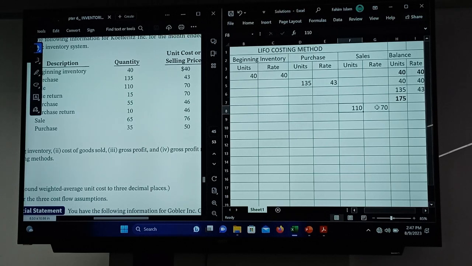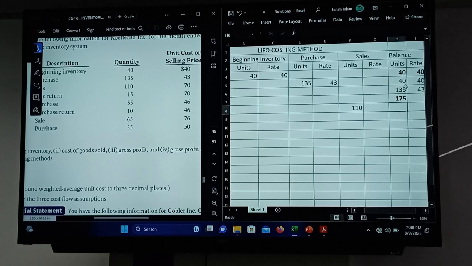We will omit this 70 because that is our selling price, and we should not include the selling price when we determine the cost of goods sold.